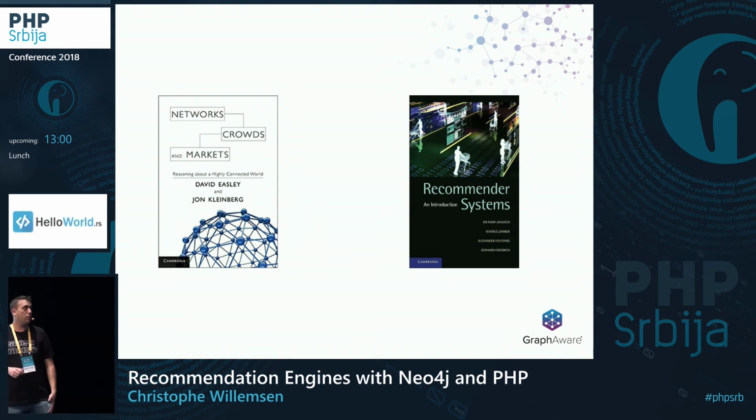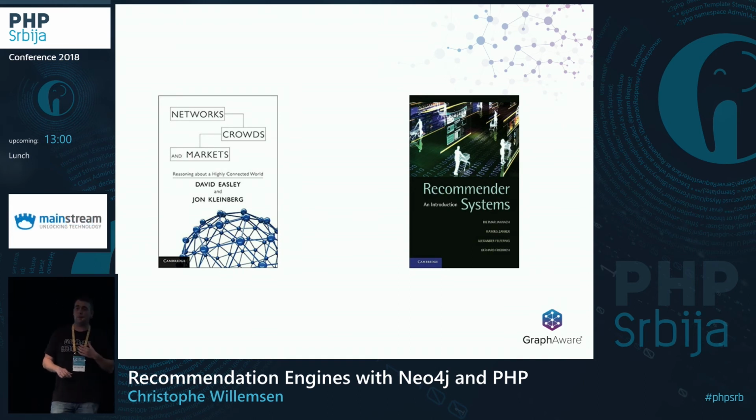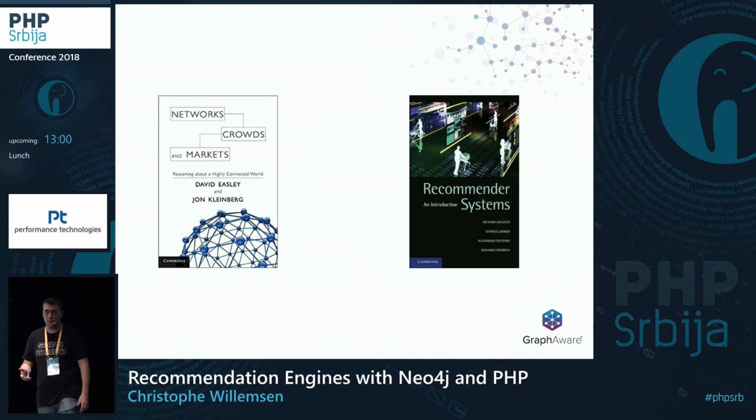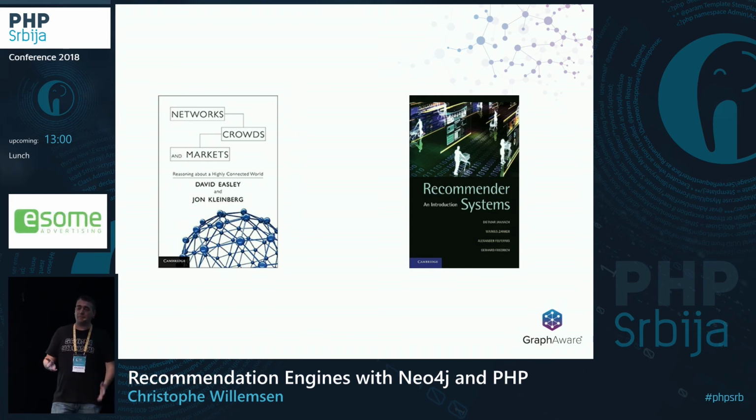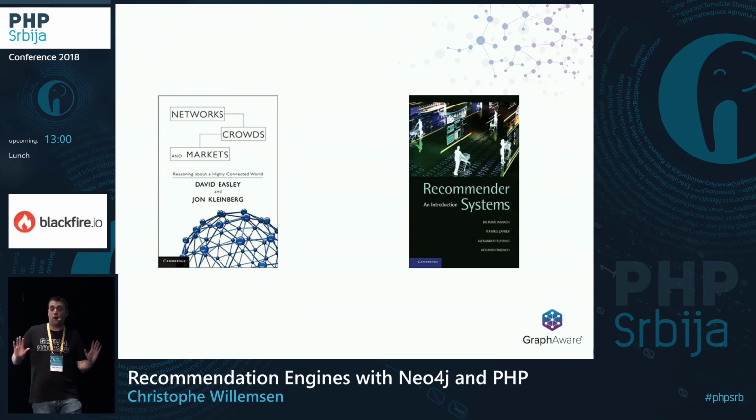The second one is Recommender Systems. I believe it is a very good book for people not having a PhD in maths or data science. Because most of the books you buy on recommendations are made with a lot of formulas that are there, but you don't understand. Or if you read a scientific paper on arXiv, it's cool, you have text and formulas, so you cannot argue, it's correct.